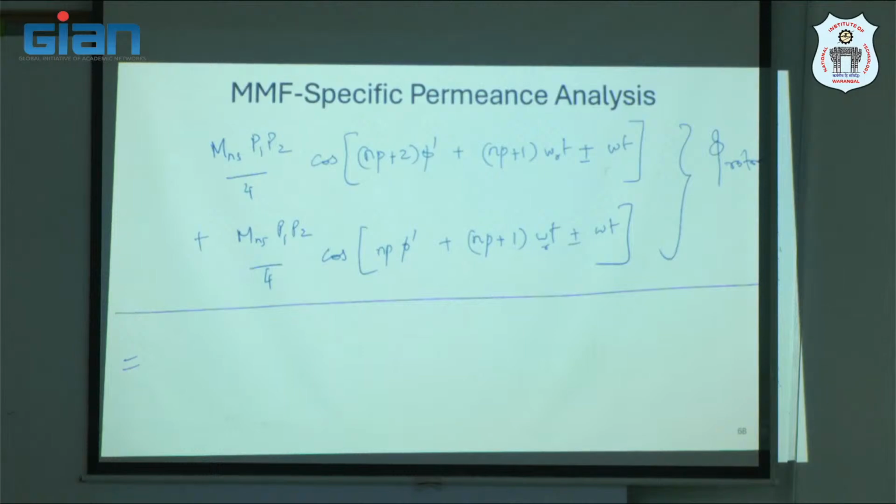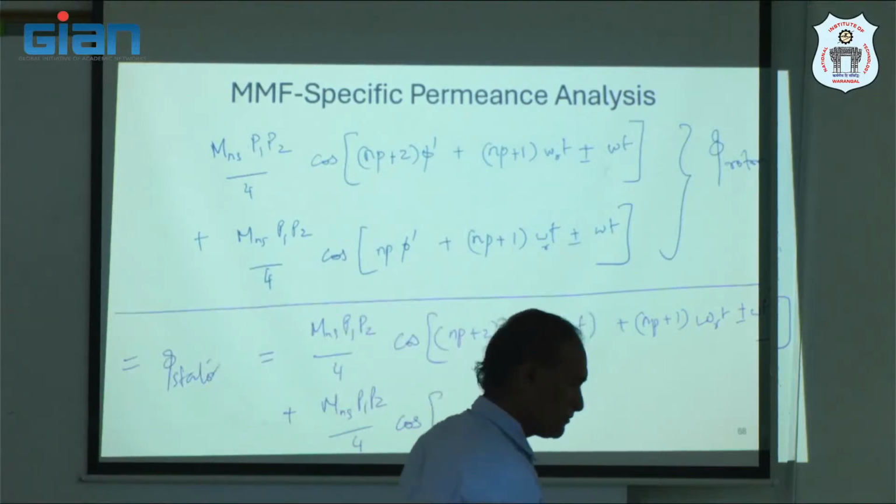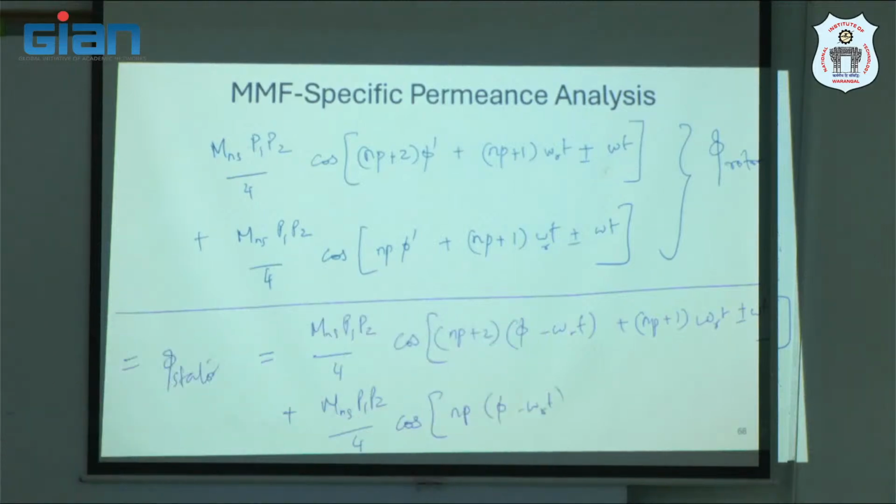So in stator frame of reference, it will be M_NS P1 P2 by 4 cos of (NP plus 2) times (phi minus omega t) plus (NP plus 1) omega t plus or minus omega t, plus M_NS P1 P2 by 4 cos of NP into (phi minus omega t) plus (NP plus 1) omega t plus or minus omega t. In case you have any questions, doubts, do not hesitate to ask.